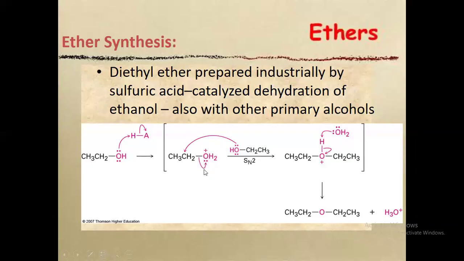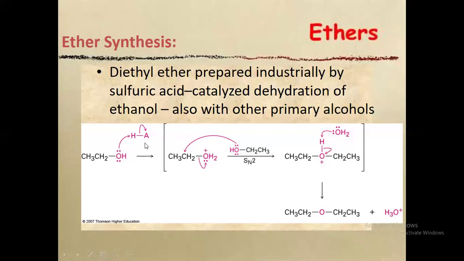When this OH2 goes as water, it's going to generate a carbonium carbon here, so that the negative electrons on the second alcohol molecule can now react with it, and you get this. Subsequently, it loses a proton and you get an ether. So this is just a method of preparing ethers from alcohols when you catalyze it with an acid.